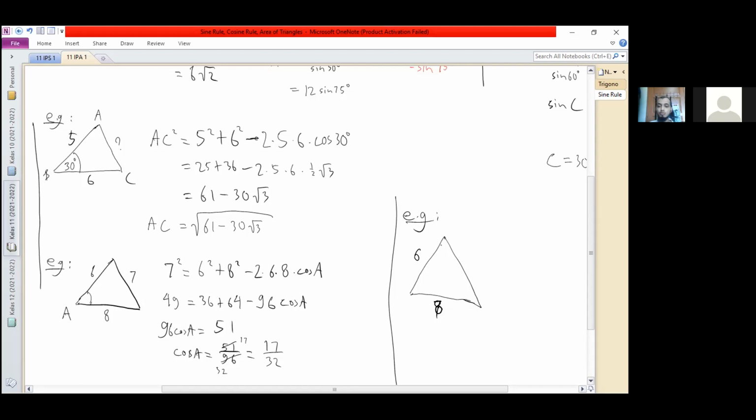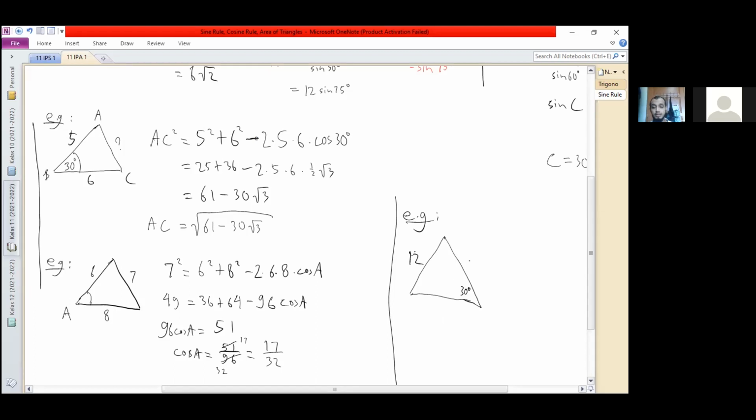Okay, but now we want to find this angle, for example. Actually, let's just use some numbers. So 30 degrees. And then again, let's say this is 6 or 12.